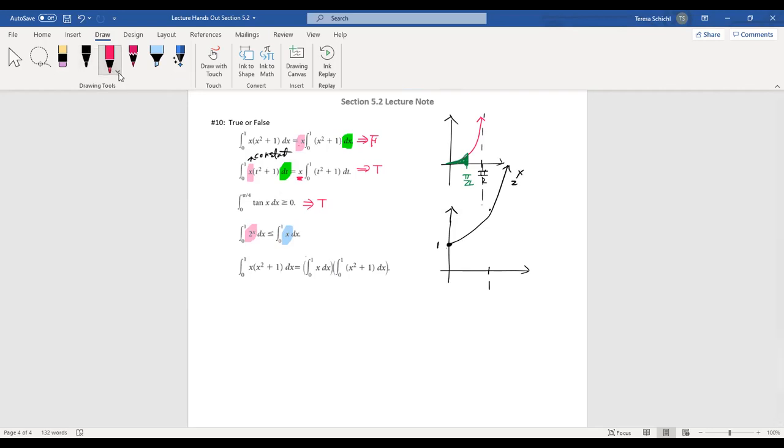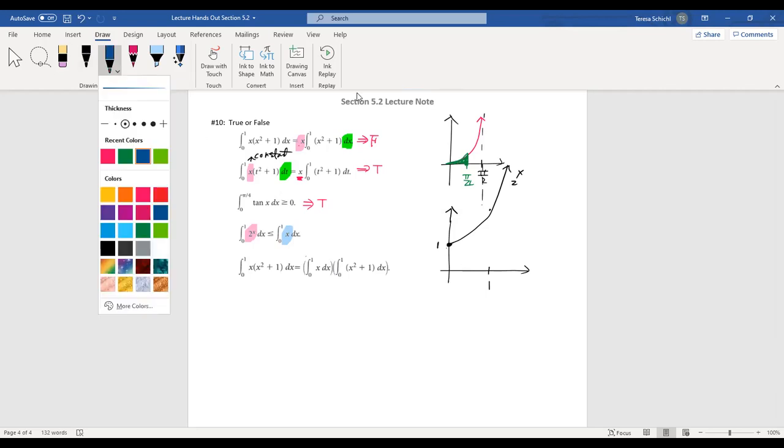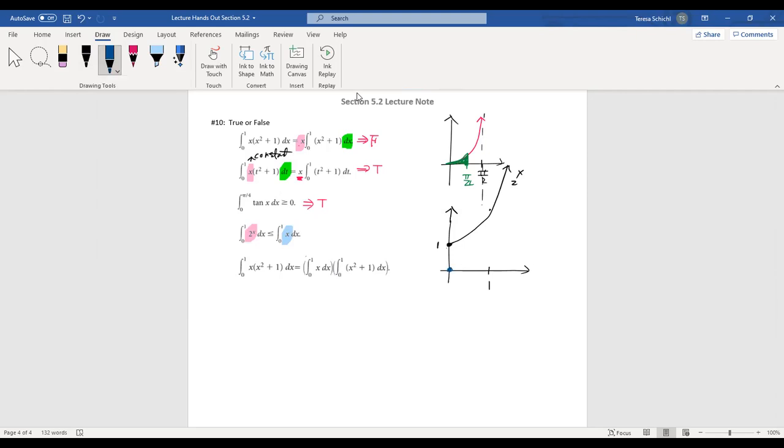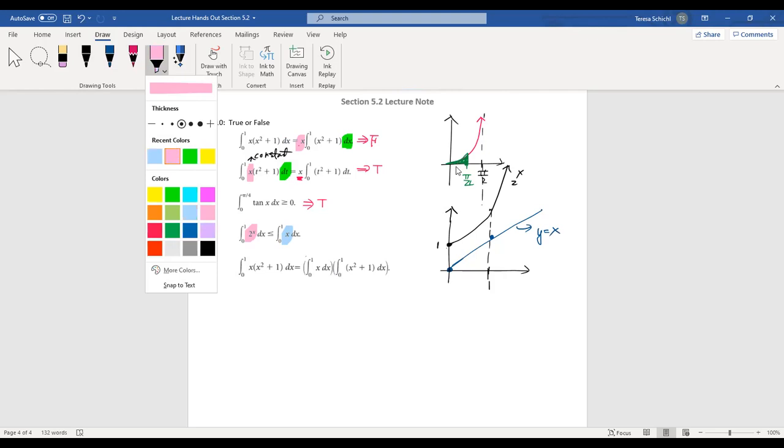Okay, so now I'm going to do a different function. When x equals 0, it is 0 here, and when x equals 1, it is 1 here. So this is my function y equals x. As you see, this exponential function is higher, right? So now I'm going to find the integration. Now we use the integration concept. So what is the integration of 2 to the x?